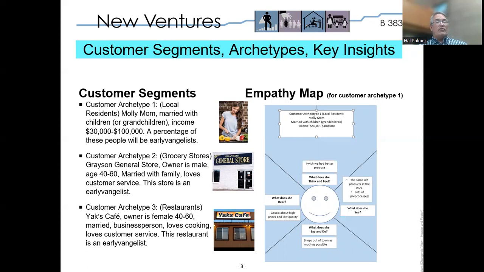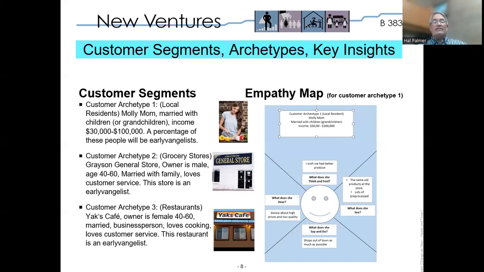Income range would be from 30,000 to 100,000. And a percentage of these people will be early evangelists. Early evangelists are those people that are early adopters of the product. They will buy them as soon as they know about them. They don't have to be coerced or prompted or prodded. And so I know that a certain amount of these people will be early evangelists.